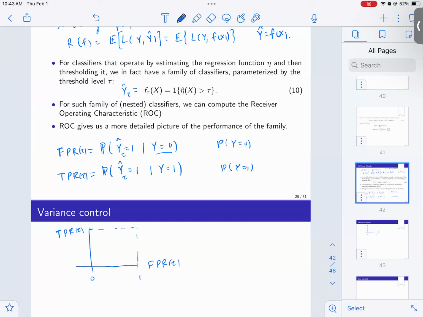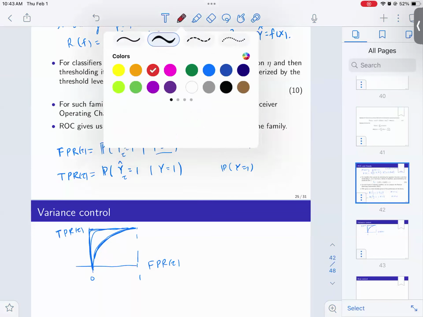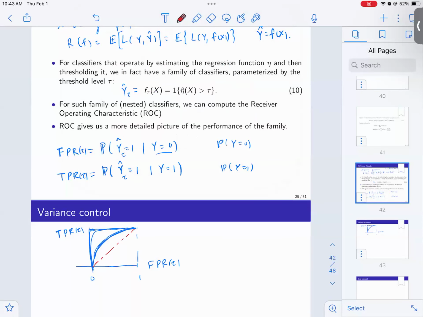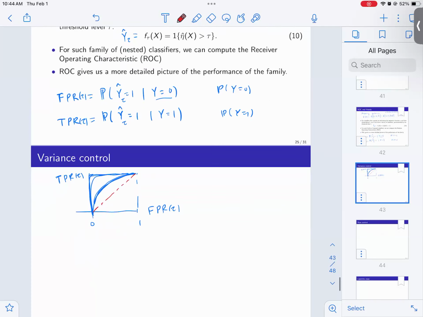The ideal thing is perfect like that, and the worst is like this. If it's above this line, it's good, and it tells you the overall behavior. This is a good way of measuring the performance of a classifier, or a family of classifiers parameterized by tau.